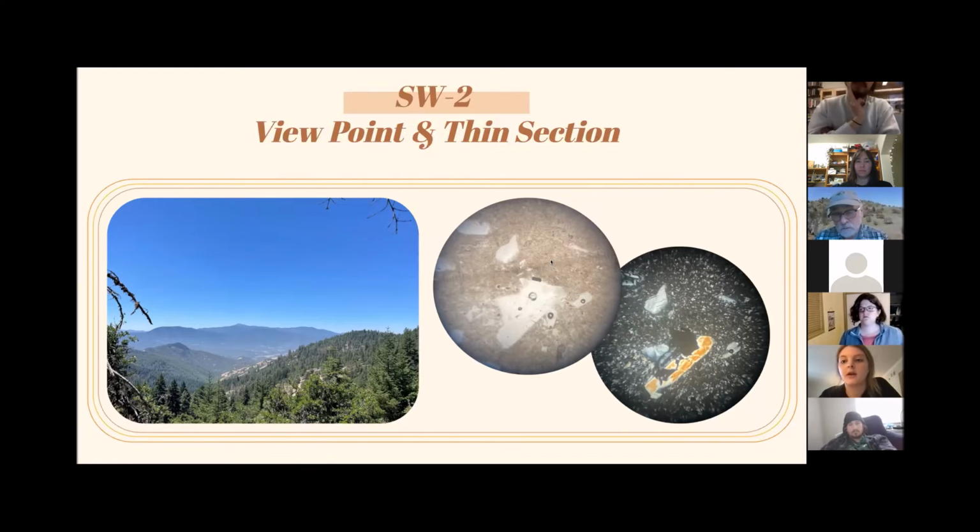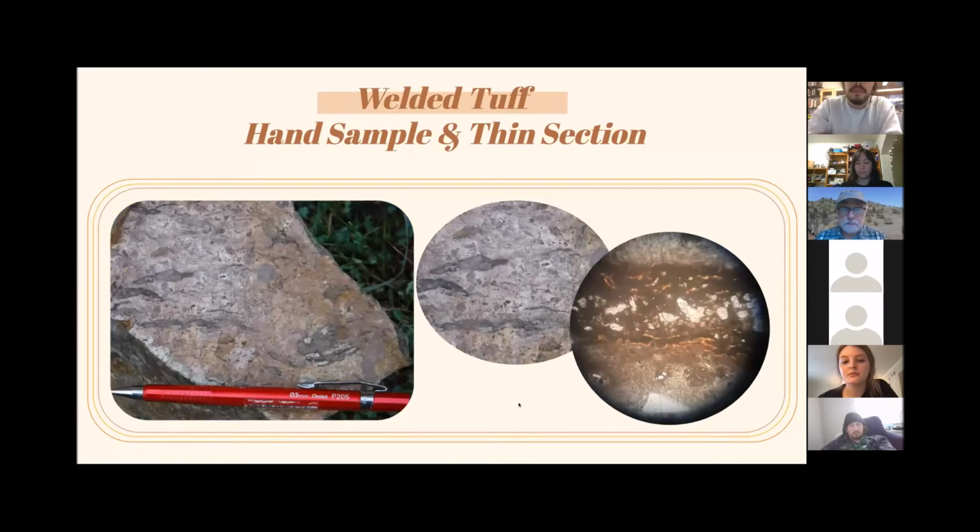So it's just vitrified rock, which means that we're just heating it up so much that it's just turning into volcanic glass. And you can see how speckled it is and gorgeous in cross-polarized light. Got some feldspars in there. But a lot of the tuff that we were looking at, a lot of the feldspars are going to weather out to clay. So we didn't get to see a whole bunch of that in some of the SW2 units that we were looking at.